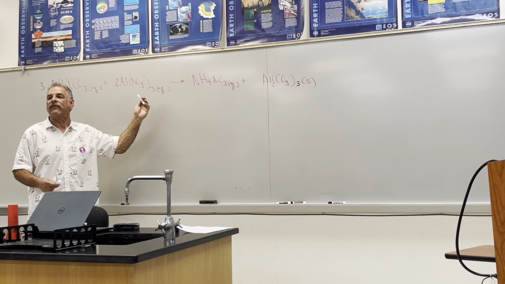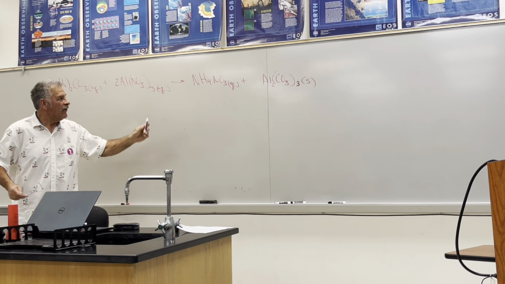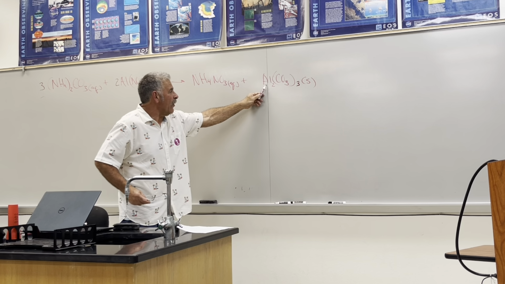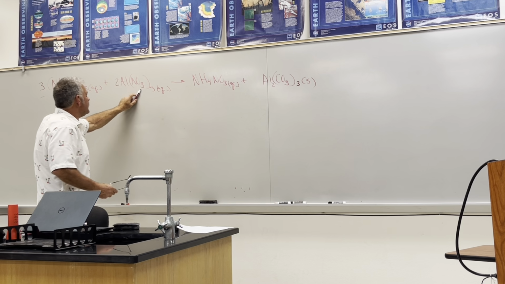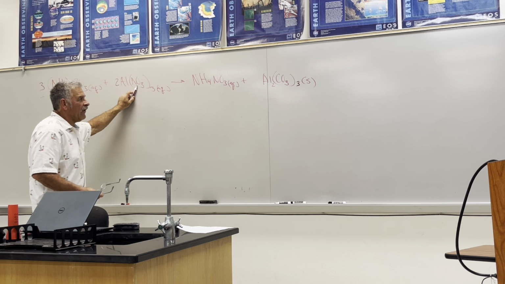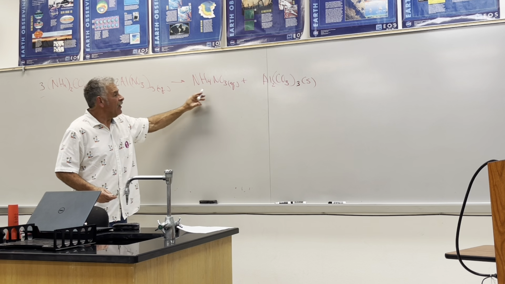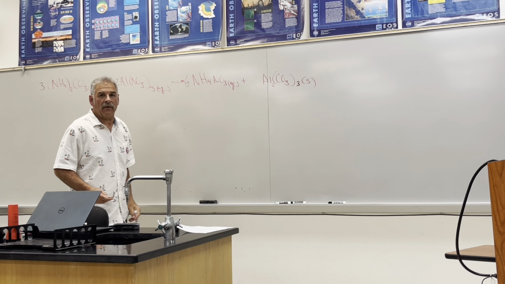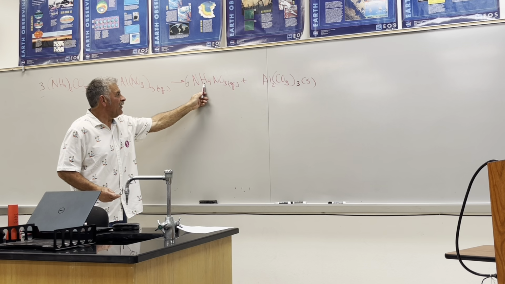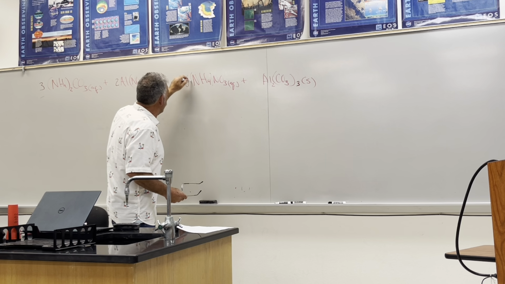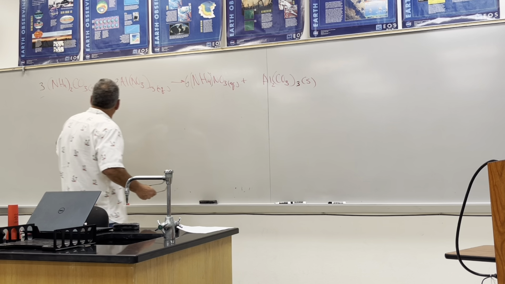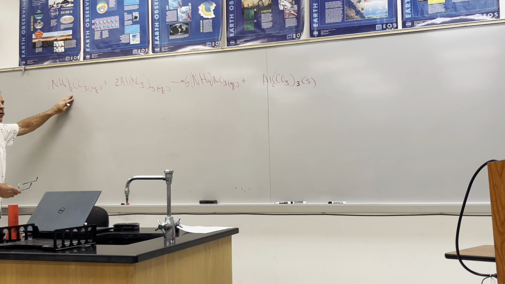You can't just leave 1 there and go, okay, that's good. So we have 2 here, 2 there. That's great. But now I have 6 nitrates, and over here I only have 1 nitrate. I can't split this up, so I have to put a 6 here. So now I have 6 nitrates and 6 ammoniums. I come over here, I have 2 ammoniums.